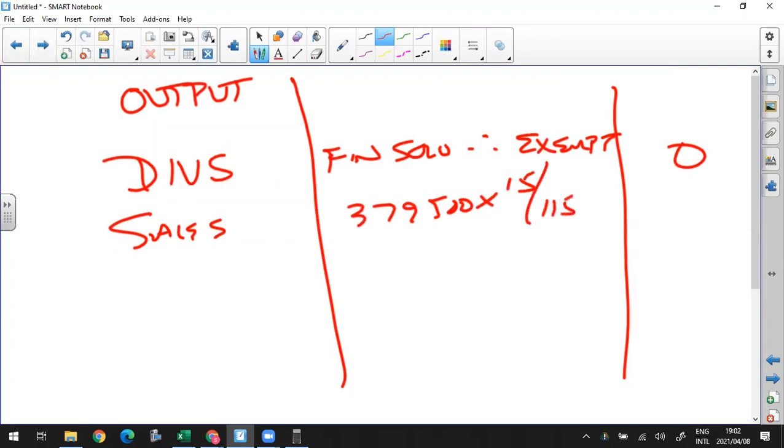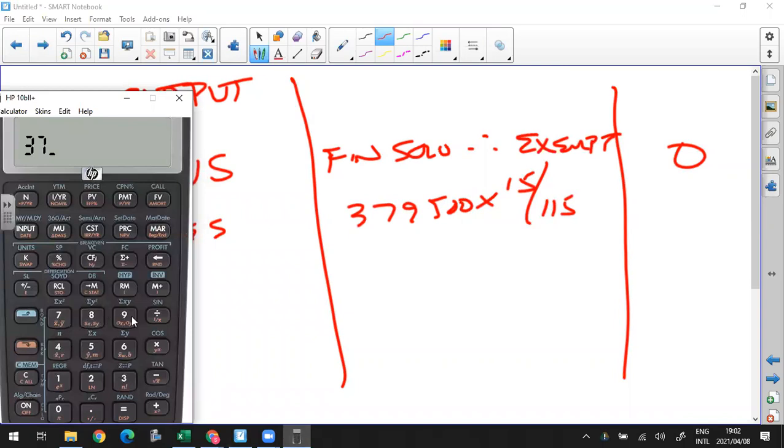It is only for the manufacturing division, so it's times 100%. 379,500 times 15 divided by 115 is 49,500. Okay, let's carry on.